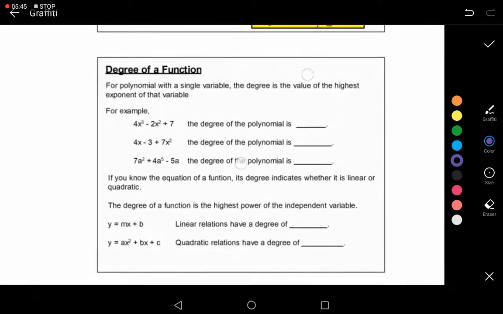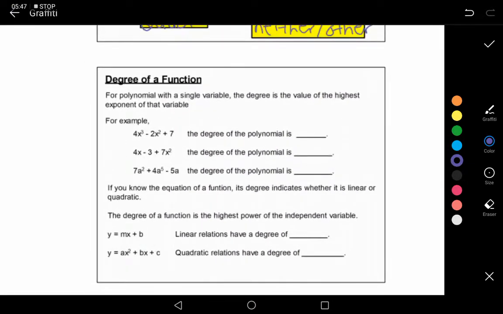All right, so let's talk about what degree of a function means. It's really, really simple. For every polynomial with a single variable, the degree is the value of the highest exponent of that variable.